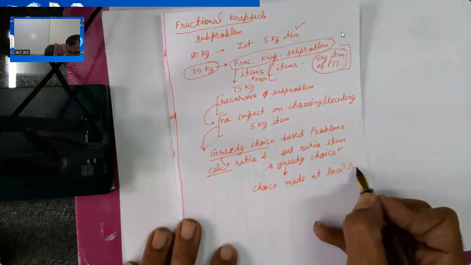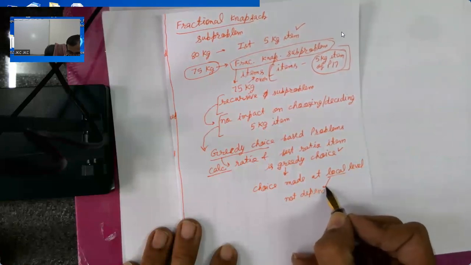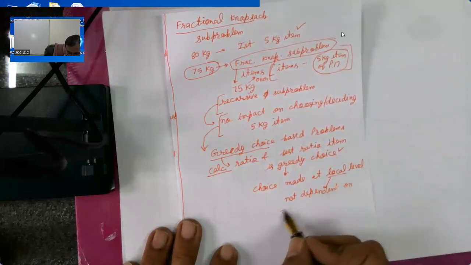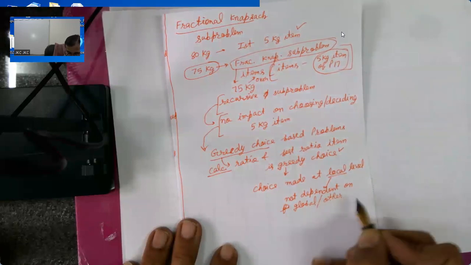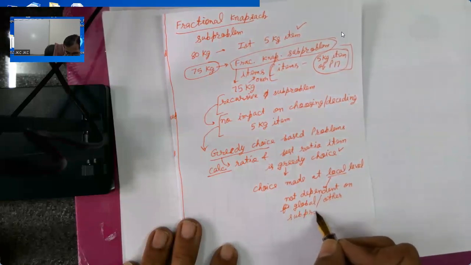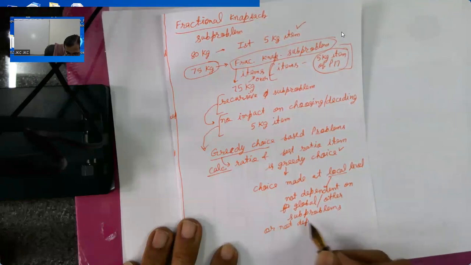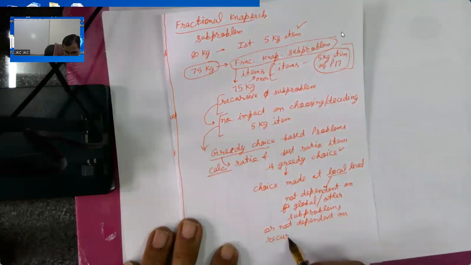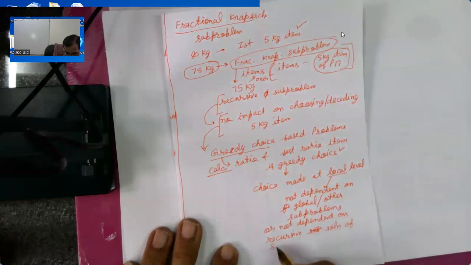Local level effectively means not dependent on future or global or other sub problems or sub solutions, not dependent on recursive solutions which you plan to generate, and your choice is not needed to be made based on that.